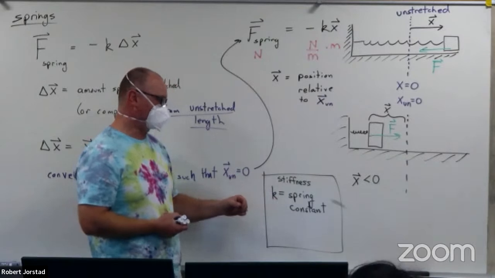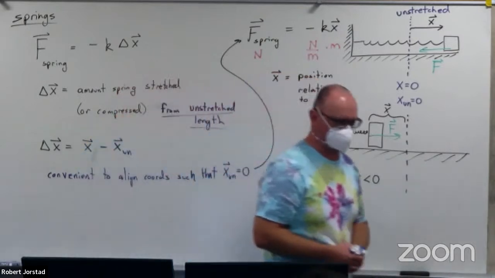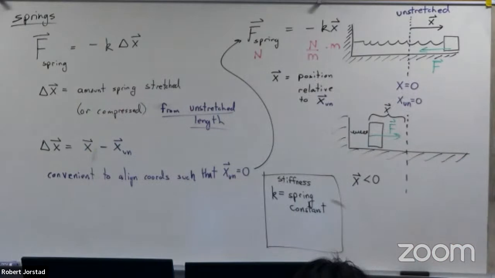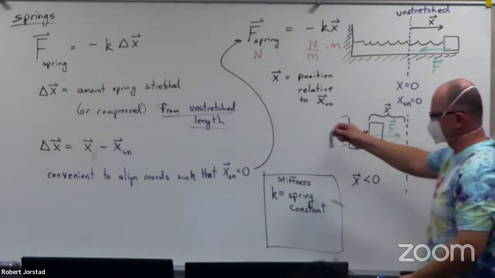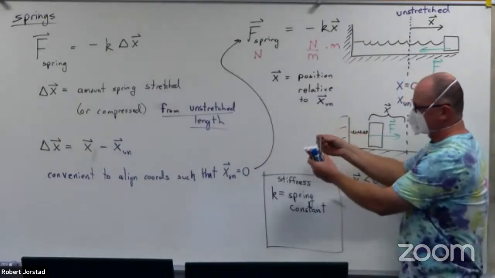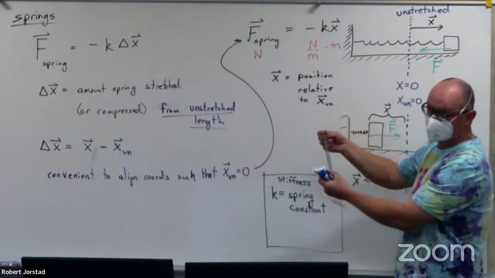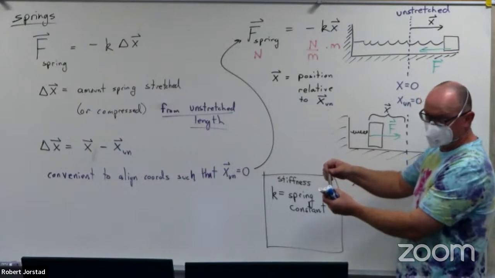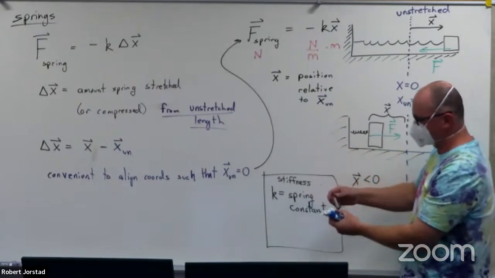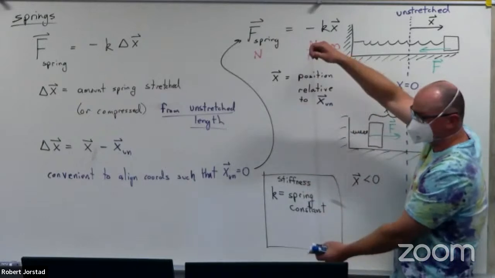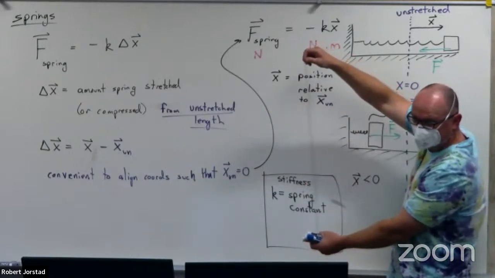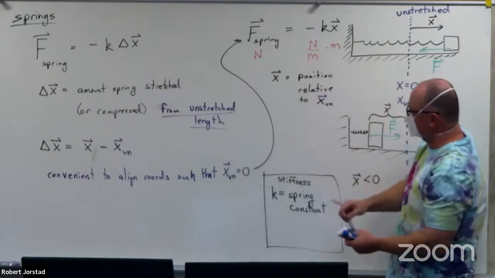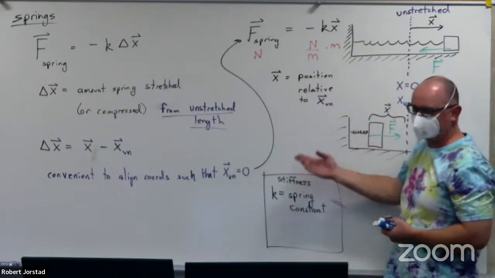If you have a very weak spring, like the little one we were using earlier, I think this is like 3 or 6 newtons per meter. Now think about that. If this is 3 newtons per meter, if I apply 3 newtons, I can stretch it a meter. Got it? It's how many newtons are required to stretch it a meter.